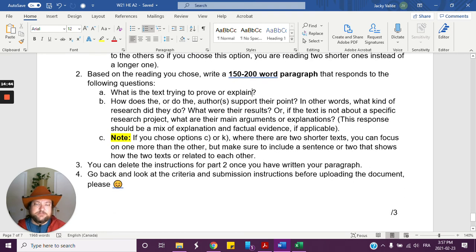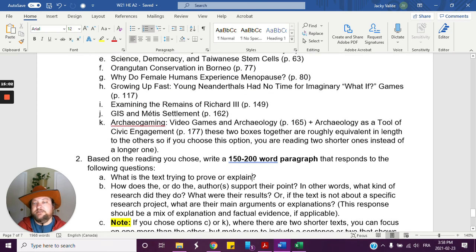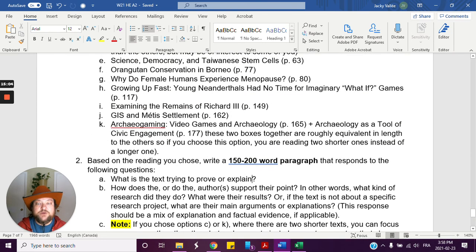All right. And so, again, options C and K, you've got two shorter texts. Here, how you would answer the question, you can focus a bit more on one than the other, but then to show that you read both, just have a line or two in your paragraph that shows that there's a connection between the two. And there is in both cases, because here you've got two applications of archaeology that are aimed at the general population.